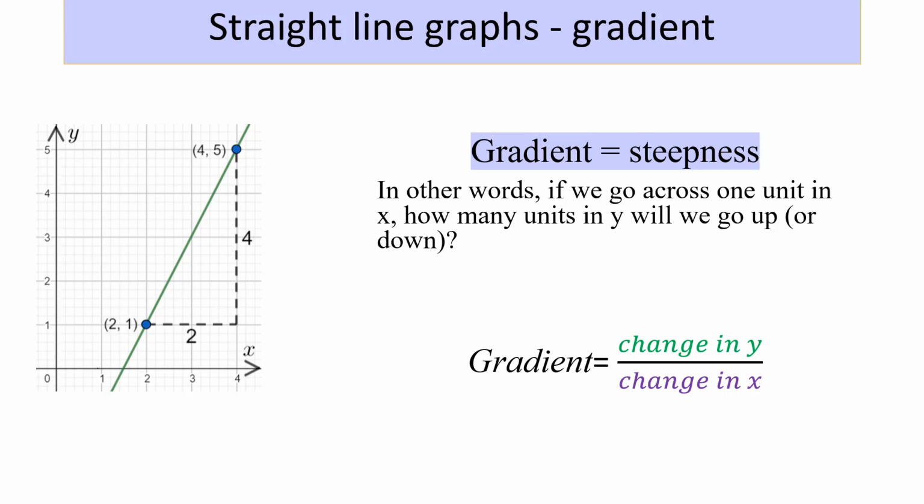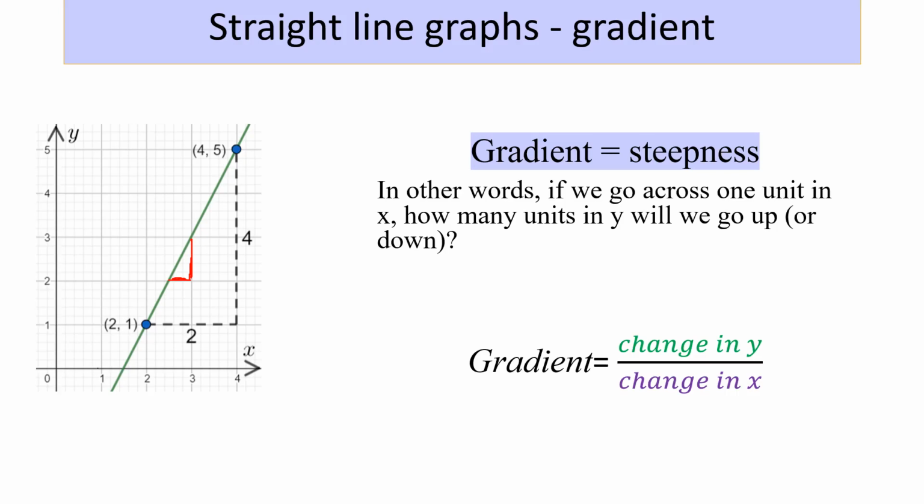The gradient of the line will always be the same as long as it's a straight line. So I could select this triangle here, and my gradient still would be the same, but I'm going to use the dotted lines that I've got because it will be just a little bit easier to work out.